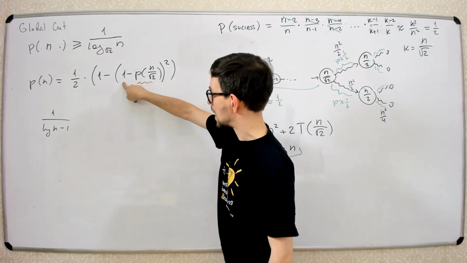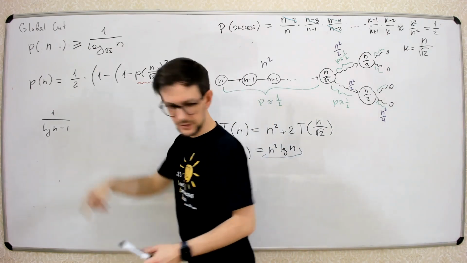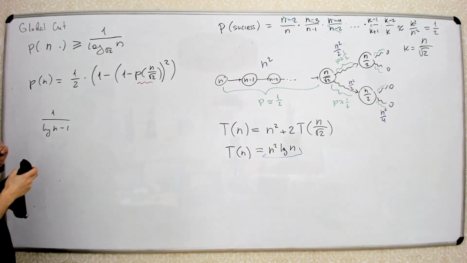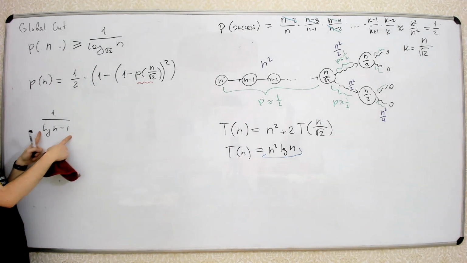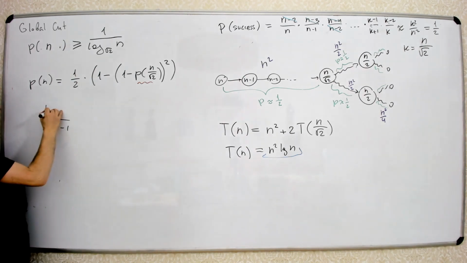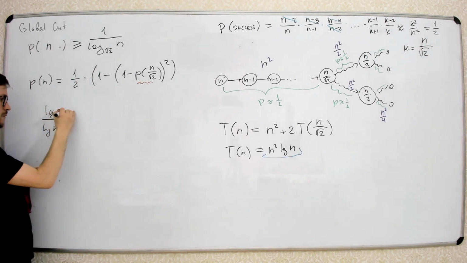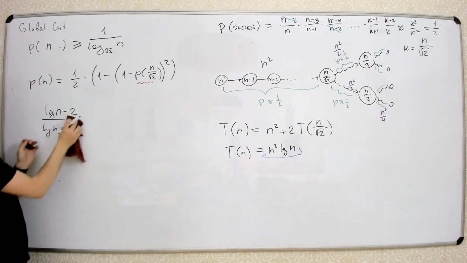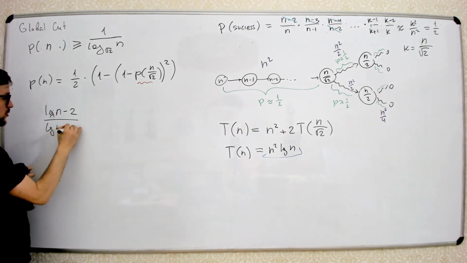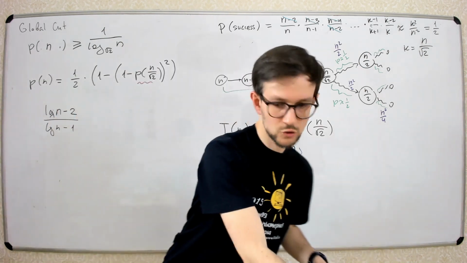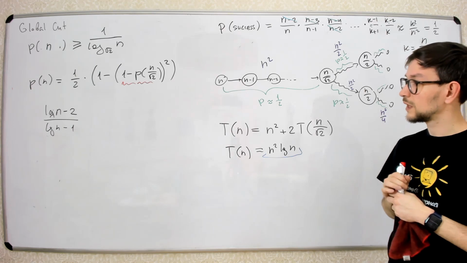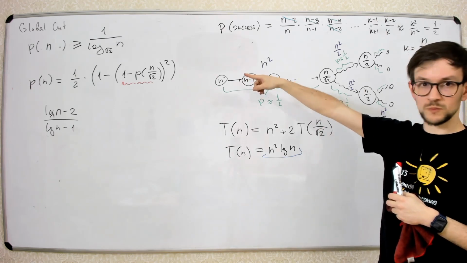Now I need to take 1 minus this. So I need to have log n minus 1 minus 1, so it will be log n minus 2, over log n minus 1. So I calculated this part. Now I need to square this.